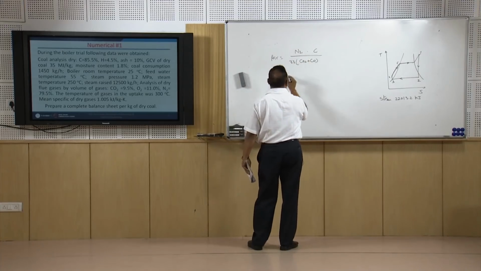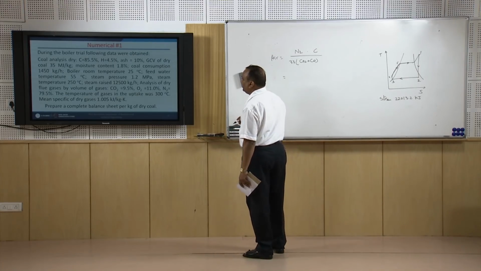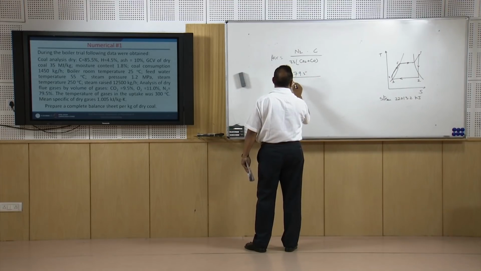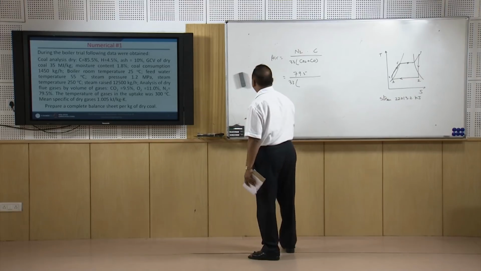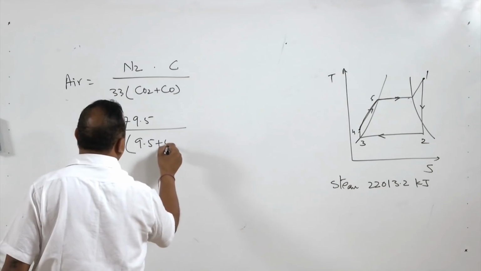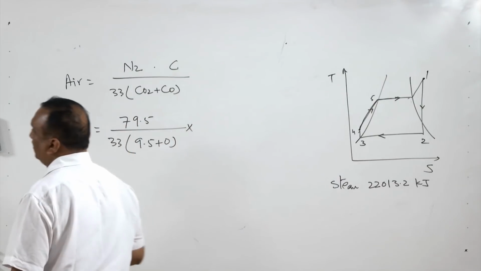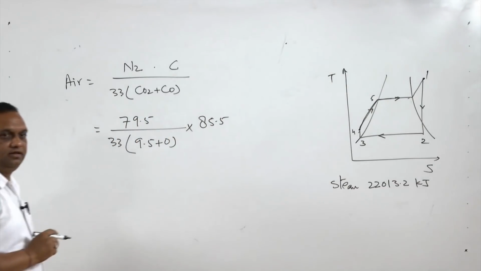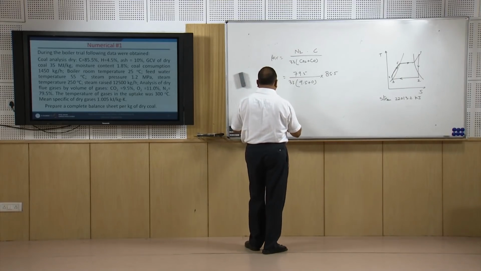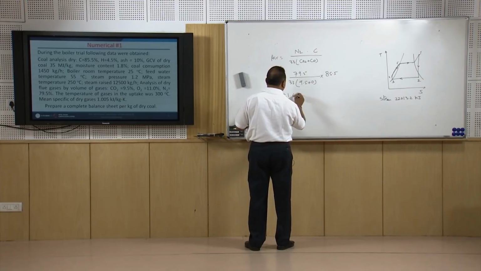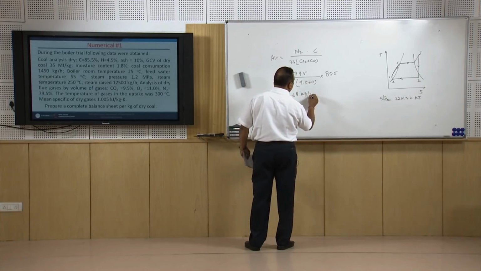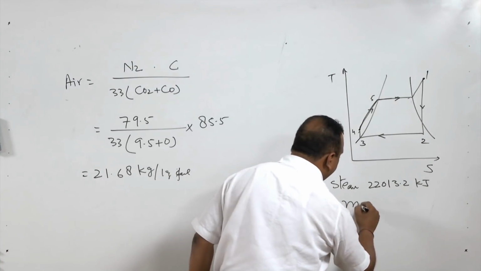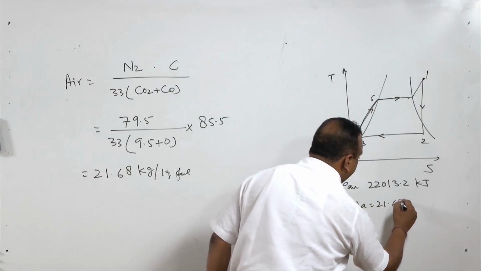The volume of nitrogen is 79.5, divided by 33 times the volume of CO2 9.5 plus 0, multiplied by carbon 85.5. This gives 21.68 kg of air per kg of coal fuel.